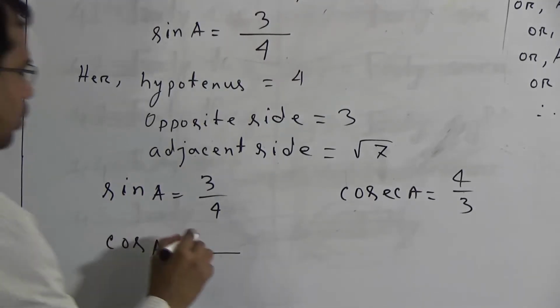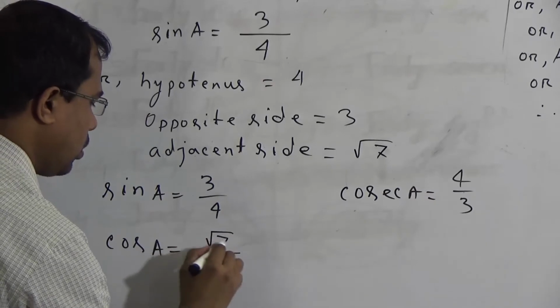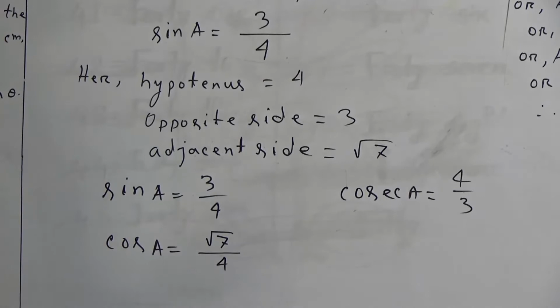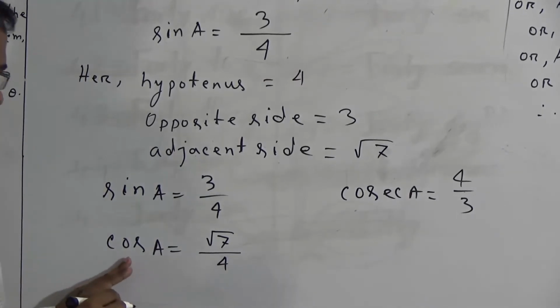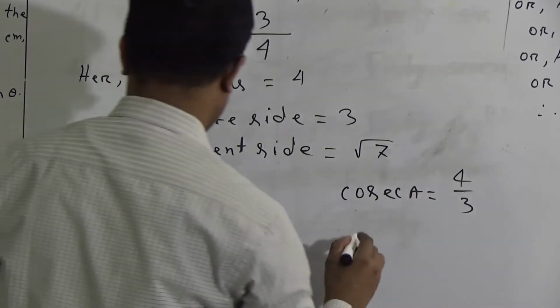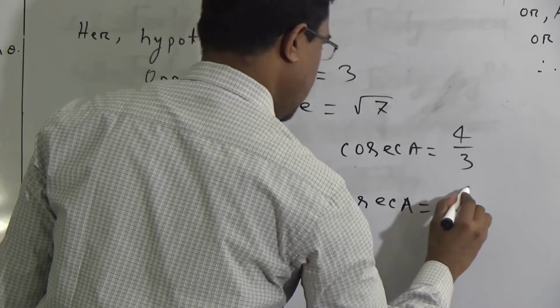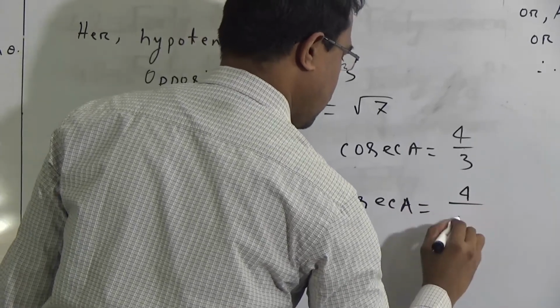So it will be root 7 by 4. And we know that sec A is the opposite ratio of cos. So sec A is equal to 4 by root 7.